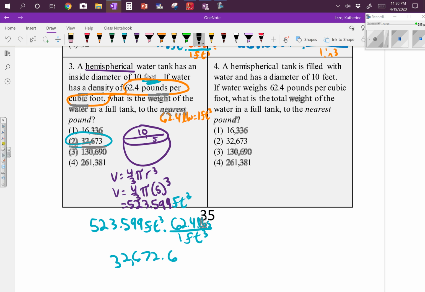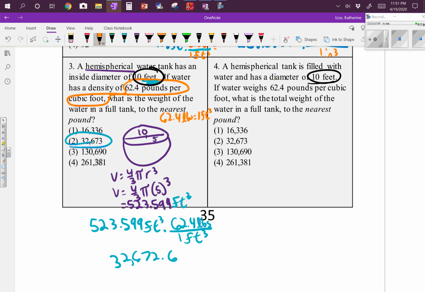Now, we're going to take a look at the difference between 3 and 4. A hemispherical water tank has an inside diameter of 10 feet. A hemispherical tank is filled with water and has a diameter of 10 feet. Okay, so far it's the same thing.